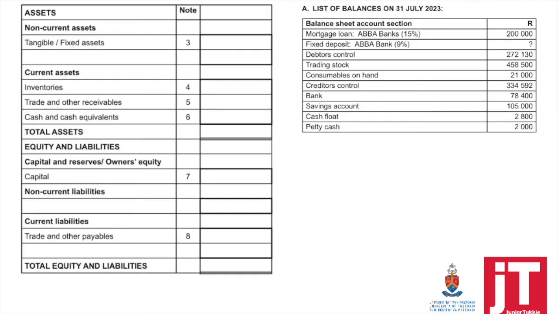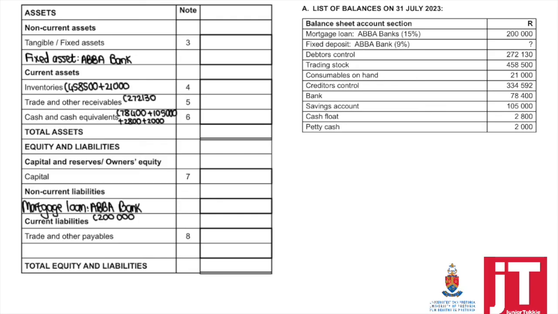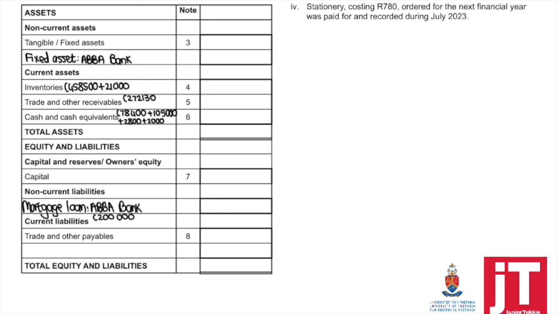Completing now the phase of the balance sheet, or the statement of financial position. I said we start with the list of balances and you write it in brackets. Now we need to look at the adjustment which we haven't done yet. Stationery costing 780, ordered for the next financial year was paid for and recorded during July.